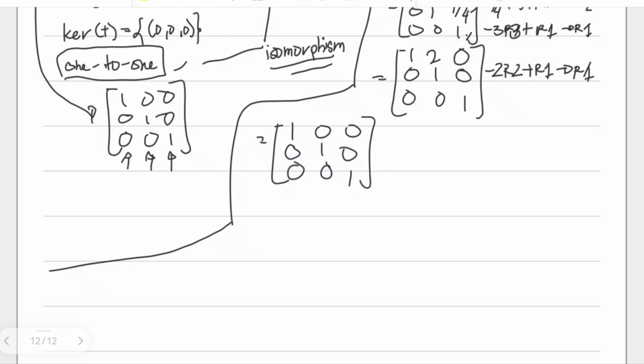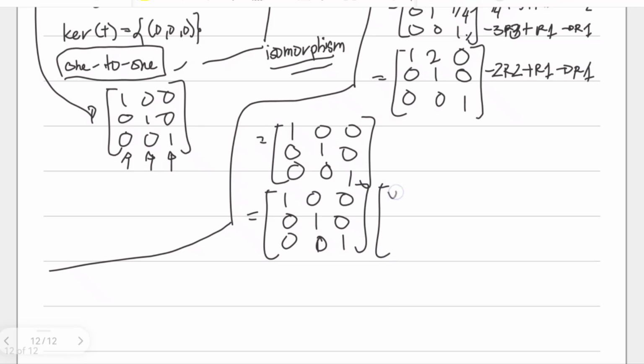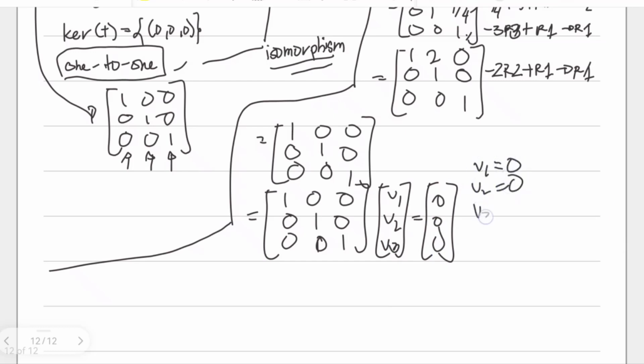So similar to the previous matrix. But of course, let's establish it here independently. You will have to solve for the kernel first. So multiply this to v sub 1, v sub 2, and v sub 3 and equate to the 0 vector. You will have v sub 1 being 0, v sub 2 also 0, and v sub 3 also 0.